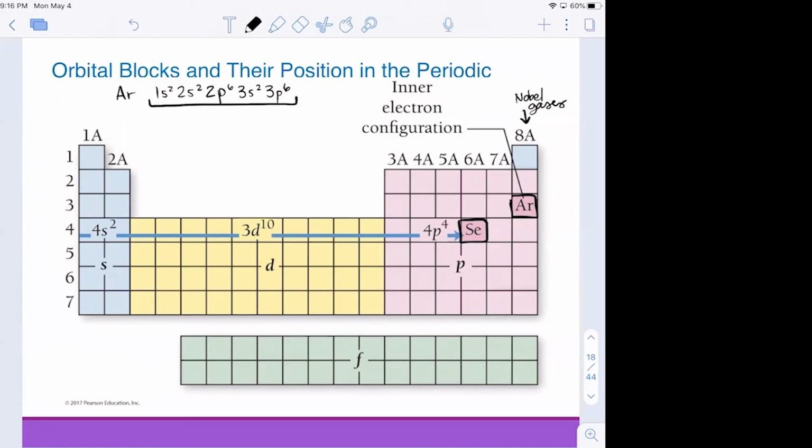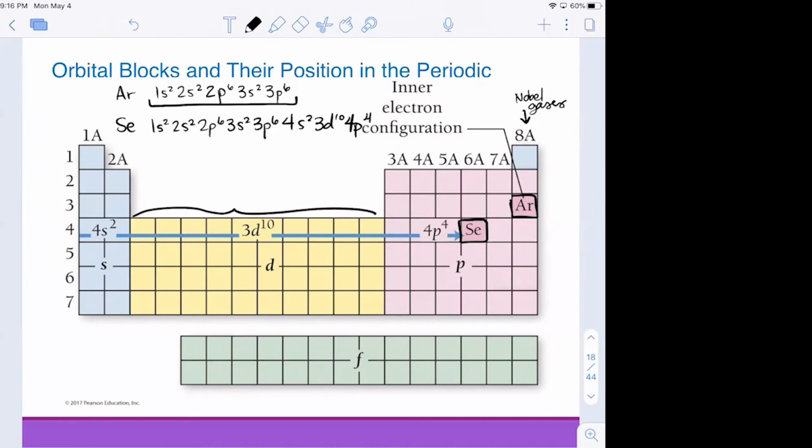So something like selenium, we could write out the full 1s2, 2s2, 2p6, 3s2, 3p6, 4s2, 3d10, look at that, the transition metals there, 3p4. But that takes a really, really long time, and it takes a long amount of space.